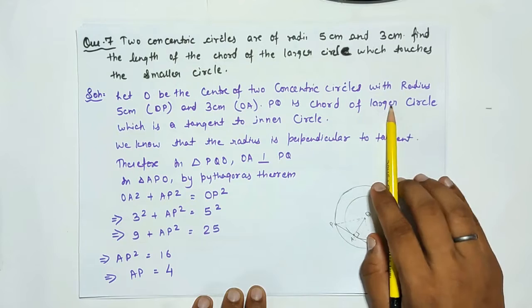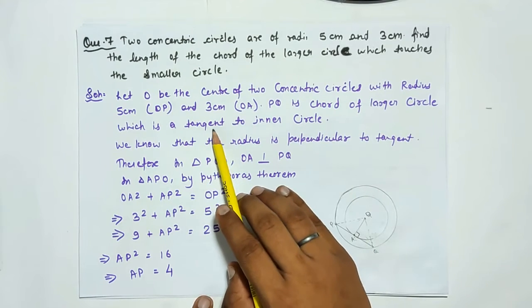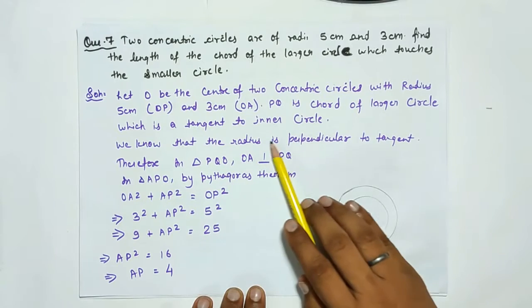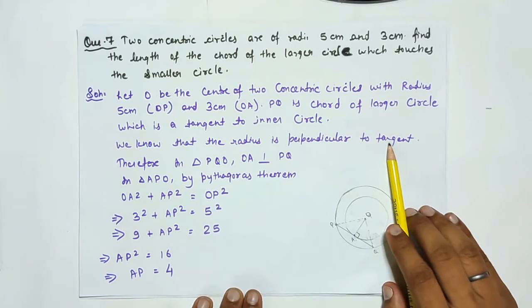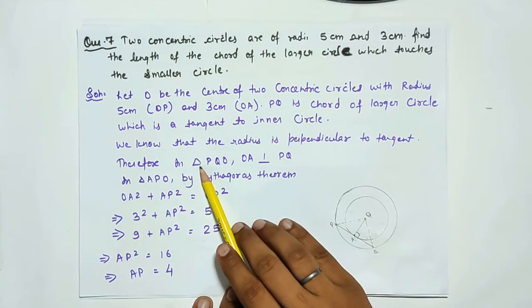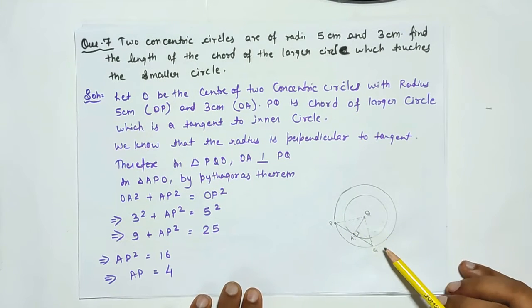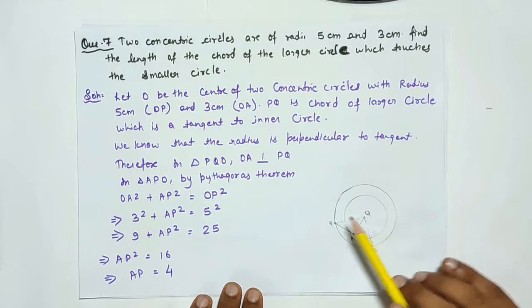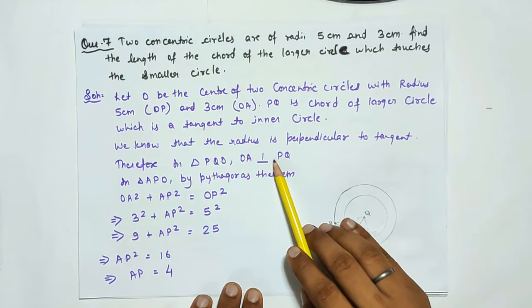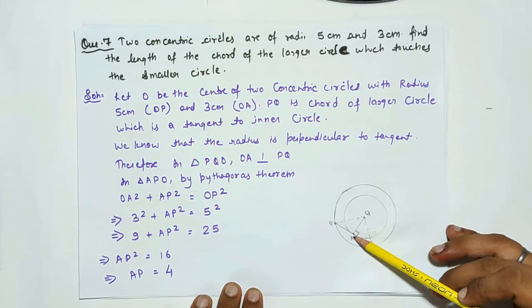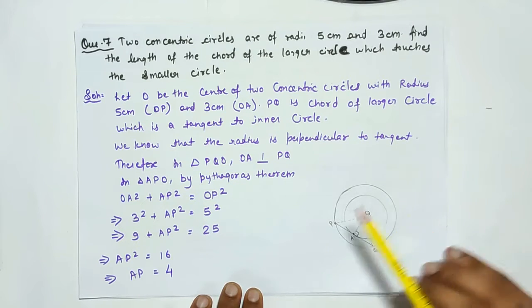PQ is a chord of the larger circle which is the tangent to the inner circle. We know that the radius is perpendicular to tangent. Therefore, in triangle PQO, OA is perpendicular to PQ.